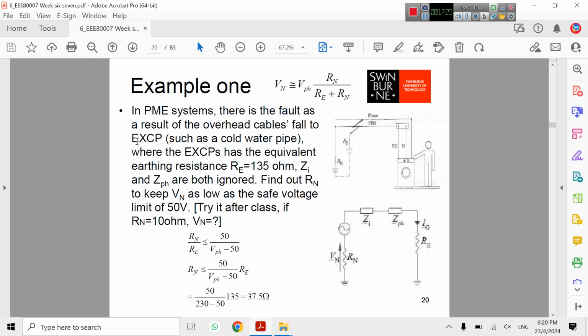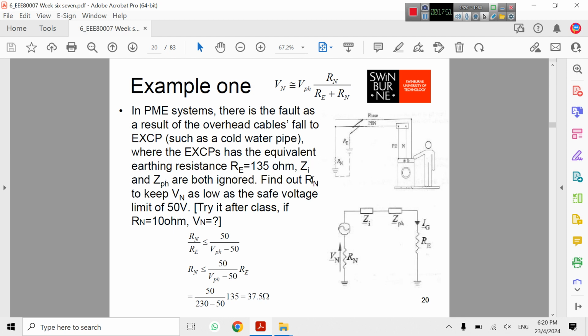So as an example, in a PME system, there is a fault as a result of an overhead cable fallen onto an EXCP, such as a cold water pipe, where the EXCP has an equivalent earthing resistance Re of 135 ohm and Zi phase is ignored.